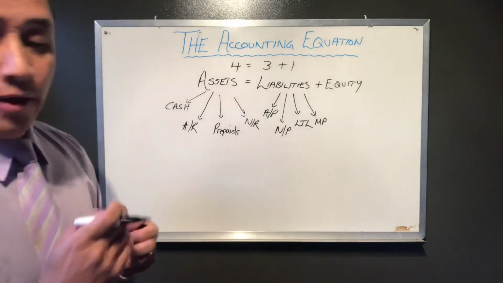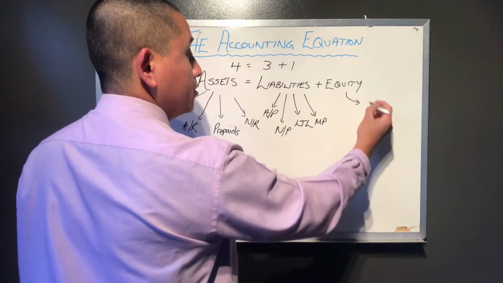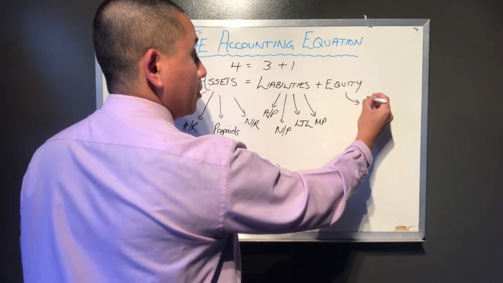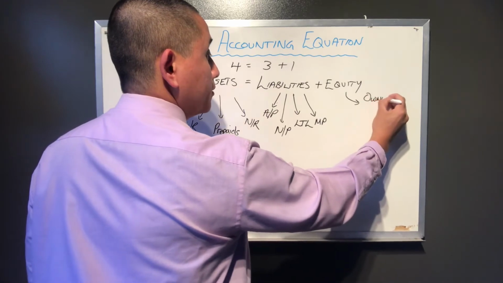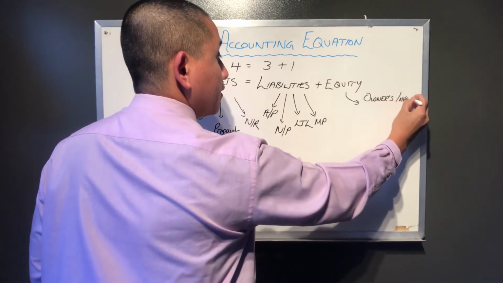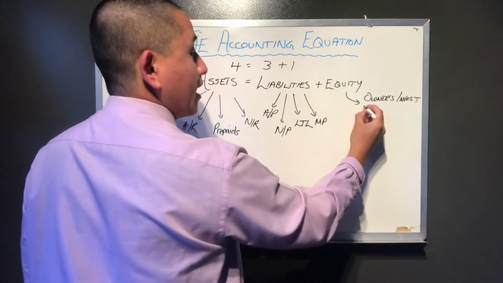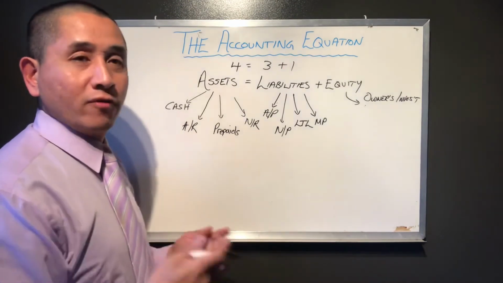Now, of owner's equity, here we can break that out into capital or owner's investment. We could look at how much they've taken out for certain different things.